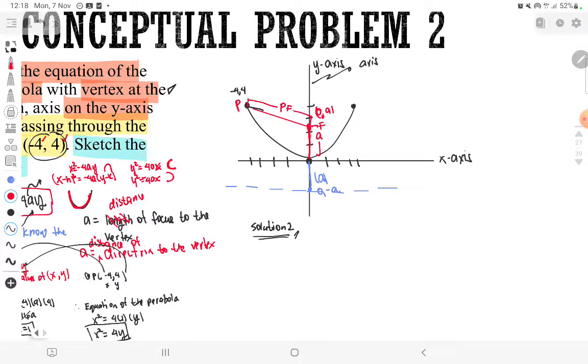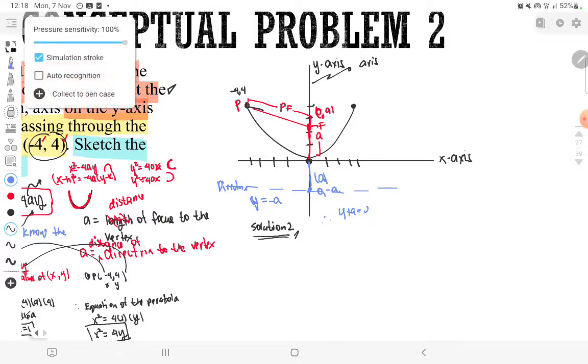And next is our directrix. We have our directrix here. This is a line, okay? So therefore, this line is equal to y, since this is at y equals negative a. The equation of this line without our a is y plus a equals 0. So from here, I will have a point, okay?